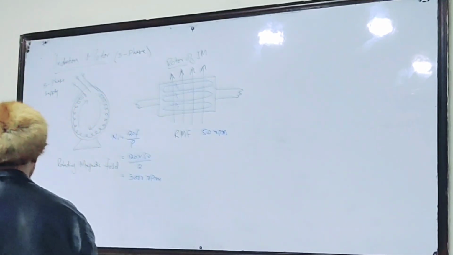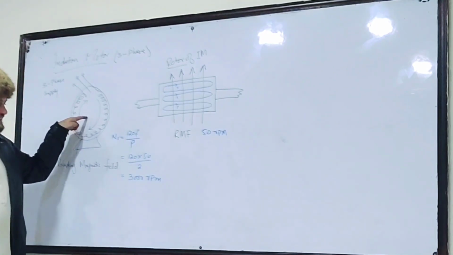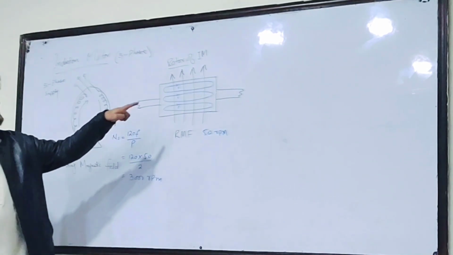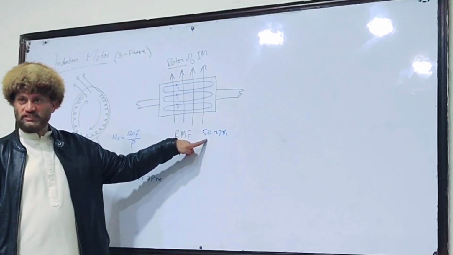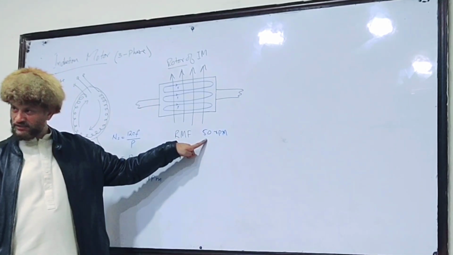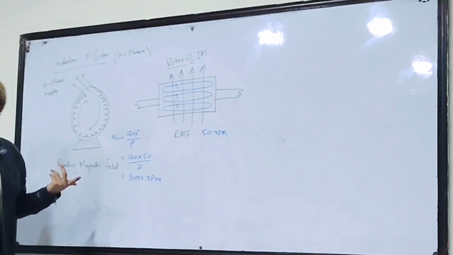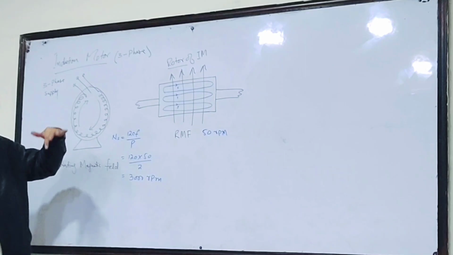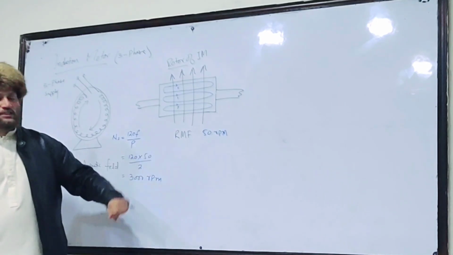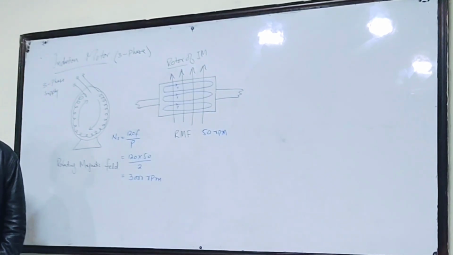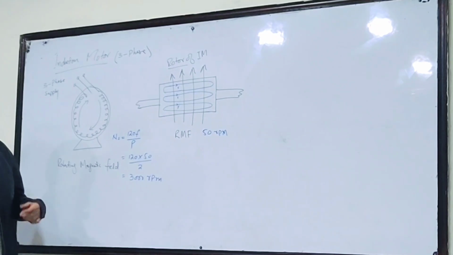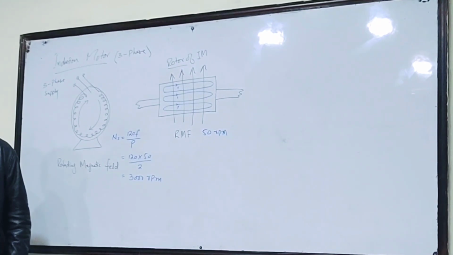So now, the speed of the rotating magnetic field is 3000. The speed of the rotor is initially 50 revolutions per minute. So the relative speed of these two in the same direction will be 2950 revolutions per minute.